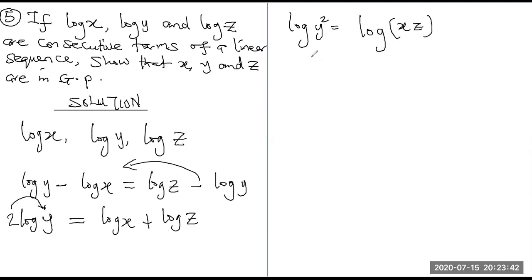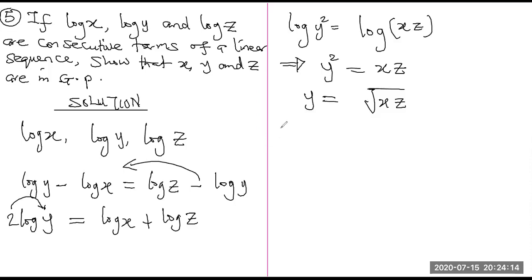All right, by comparison now, this log is equal to this log. That means this y squared must be equal to xz. So that implies, by comparison, y squared is equal to xz. What is our y? y is equal to the square root of xz. Now, if you have been following our series, you discover that this is a geometric mean. When you have consecutive terms and the middle one is the square root of the first and the third, then of course it is referred to as the geometric mean.